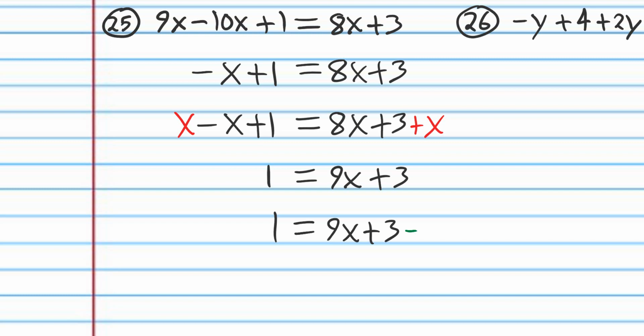Then we're going to subtract 3 from both sides. And -3 plus 1 is -2.